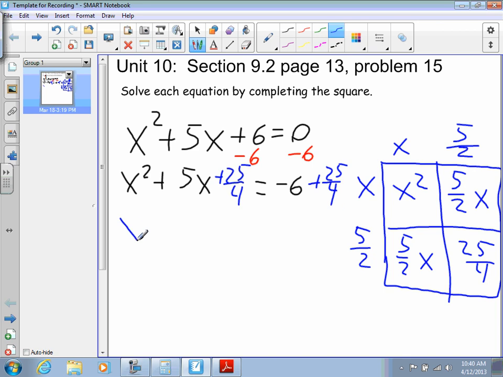So over here we've got x squared plus 5x plus 25 over 4 equals. Now on this side of the equation, this is 6 over 1, right? We're going to have to multiply that top and bottom by 4 to get a common denominator.